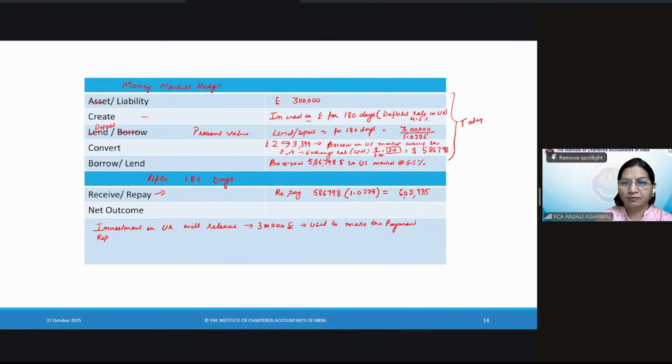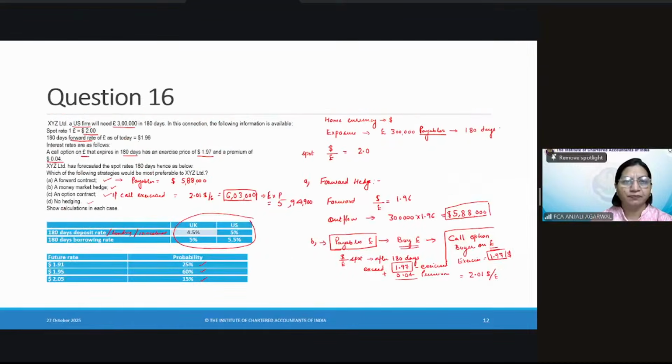So whatever payment you had to make to the UK exporter, pound 300,000, whatever you need, you have received it.